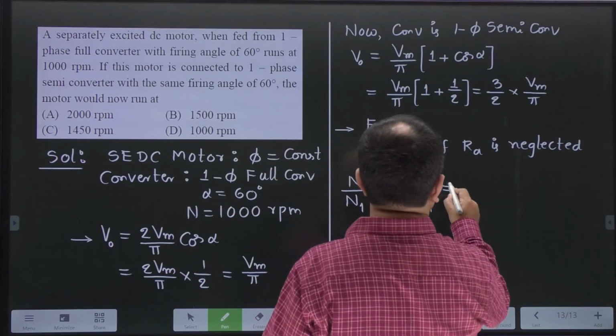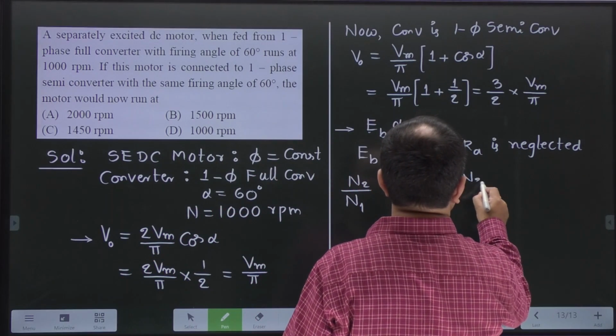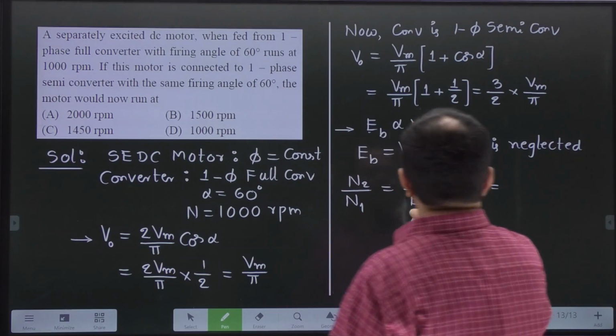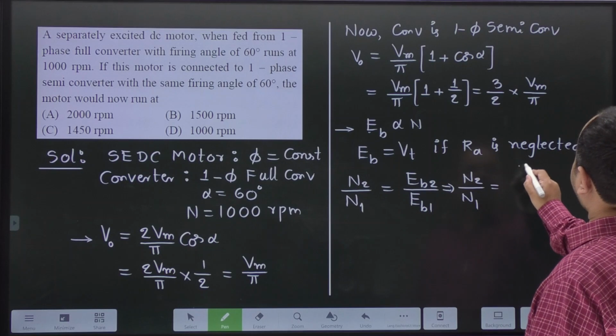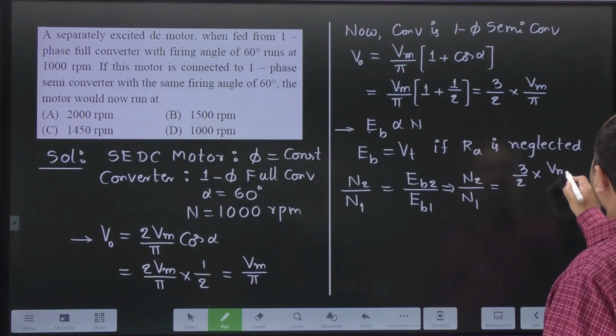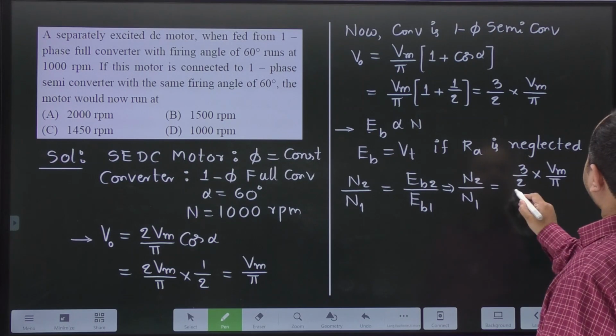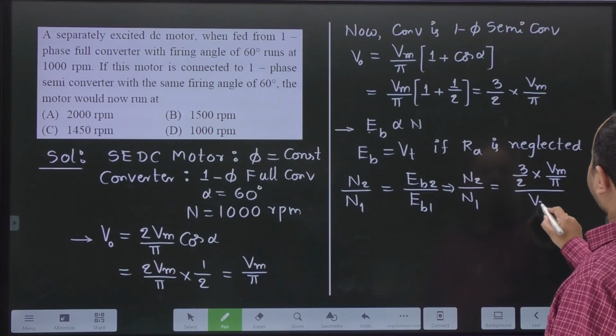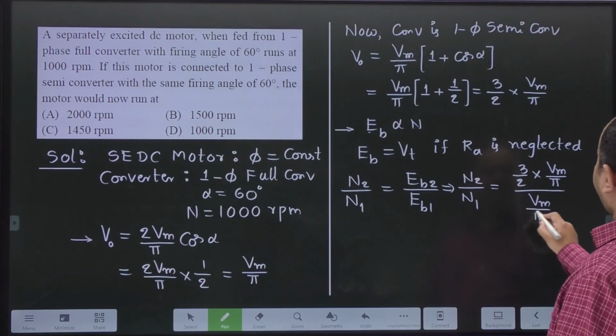Second condition corresponds to single phase semi converter, first condition corresponds to single phase full converter. Therefore, N2 by N1 is equal to, second case the voltage is 3 by 2 into Vm by pi, first case the voltage is Vm by pi.